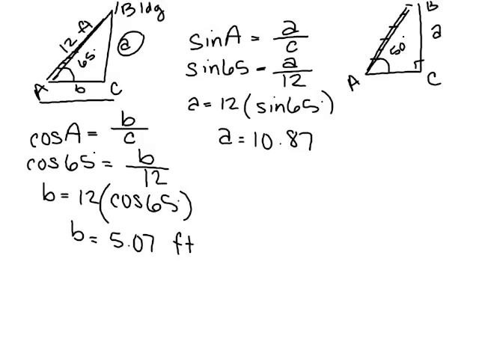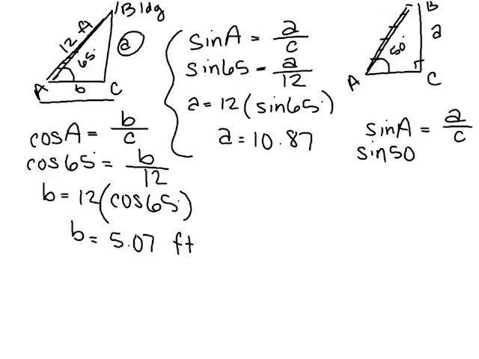Let's see how much height he loses by changing the angle of his ladder. So I want to repeat what I just did right here. So the sine for angle A is opposite over hypotenuse. Now my angle is a 50-degree angle. Still have a 12-foot ladder.